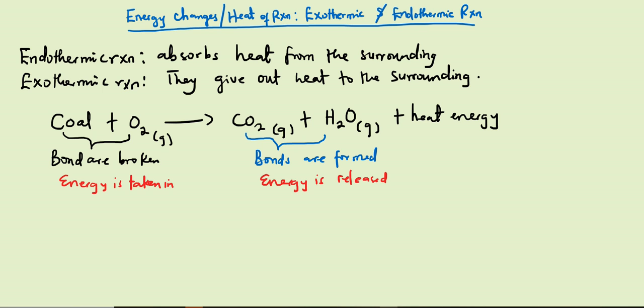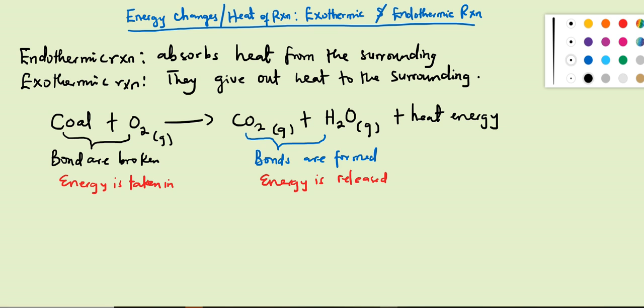Okay, so the difference between the energy taken in and the energy that is released will determine if the reaction is endothermic or exothermic. And that difference is called the heat of reaction.